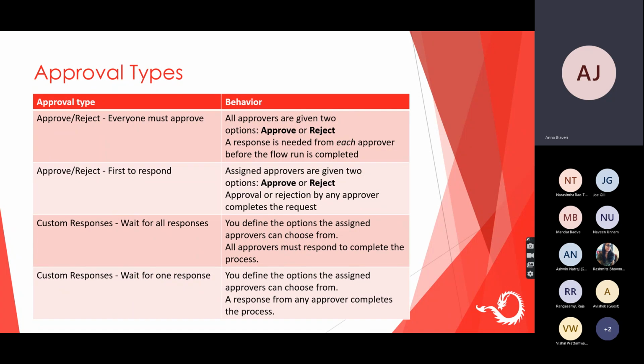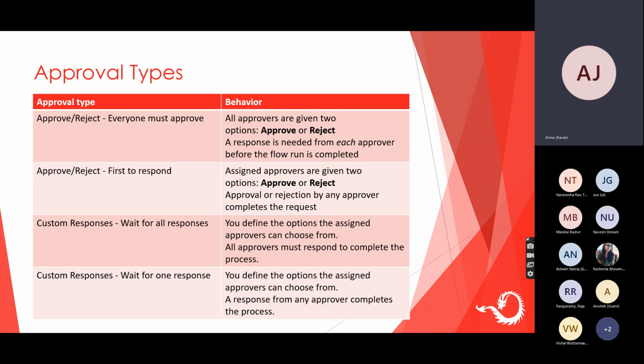Now, for example, you don't want to use approve and reject, or you want additional options to be given to the approver to select. For example, if I also want to add resubmit, to allow the approver to resubmit the request. In the first 2 options, the approver will not get the option to resubmit.